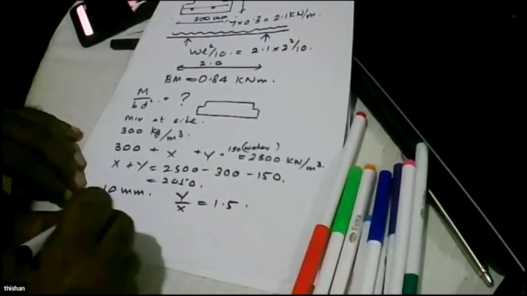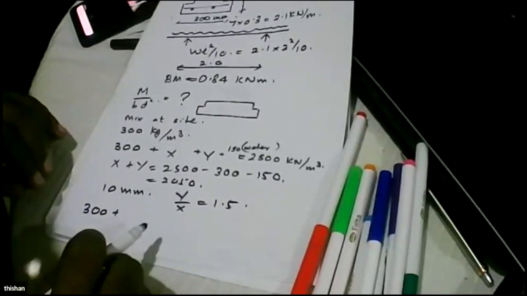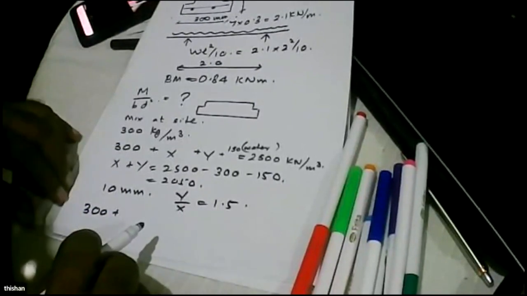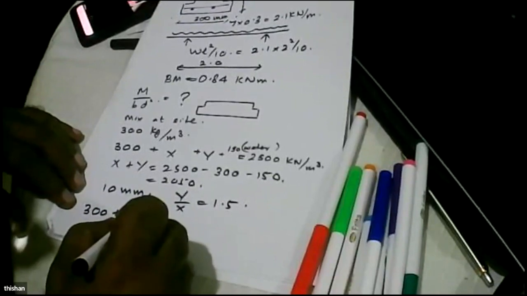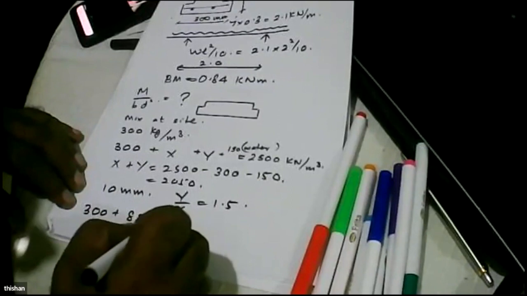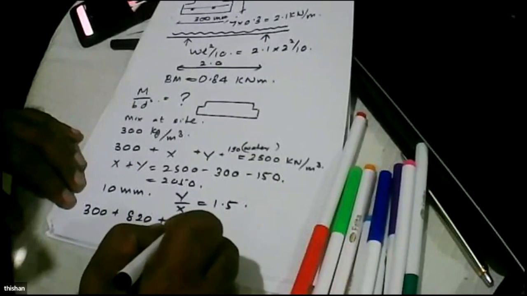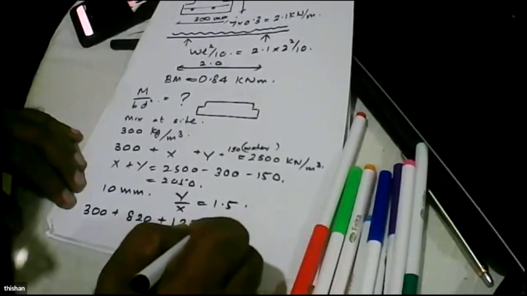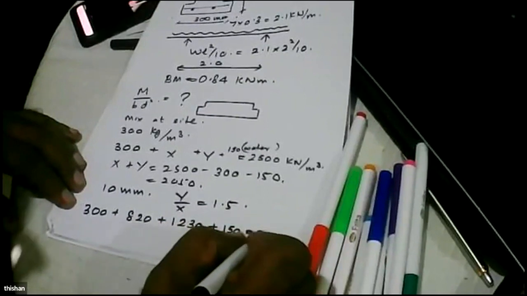So I can say 300 plus 820 plus 1230 plus 150 equals 2500.